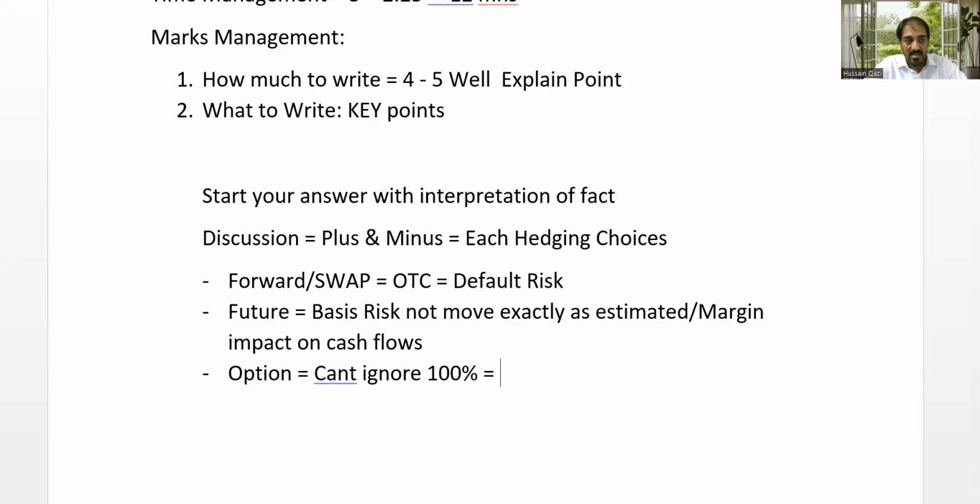Because here, if the condition becomes favorable, we can let the option lapse with the option contract. But on the other hand, the point is that premium cost. So you have to critique the thing accordingly, but also accumulate the points to develop the conclusion.